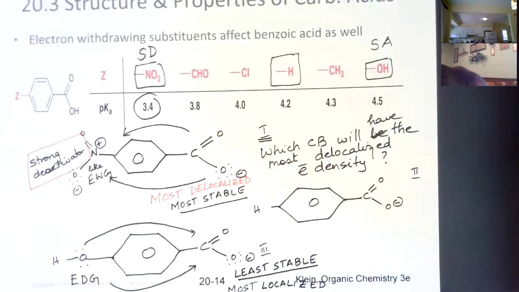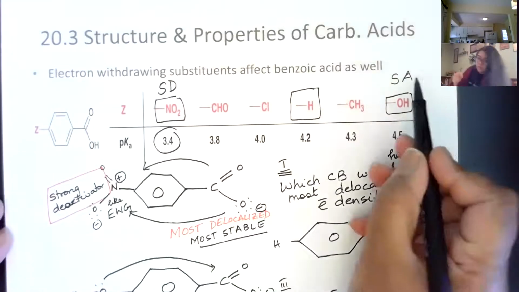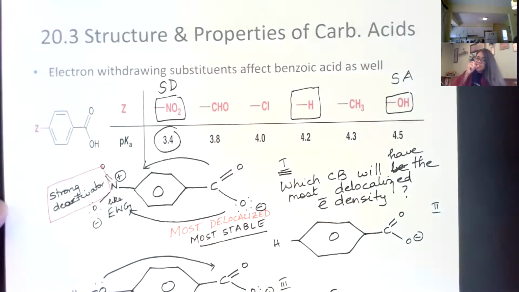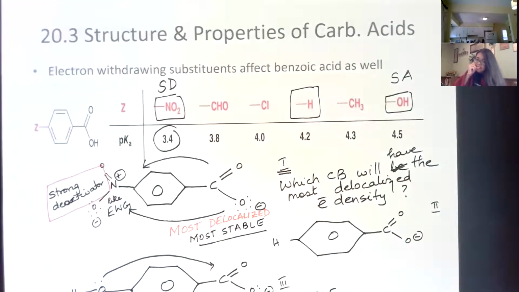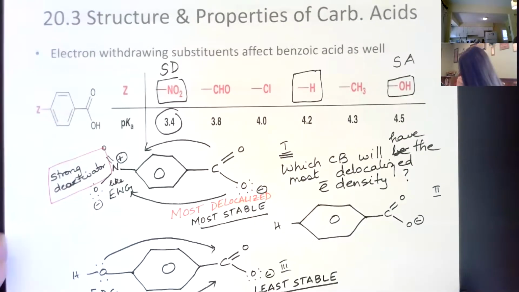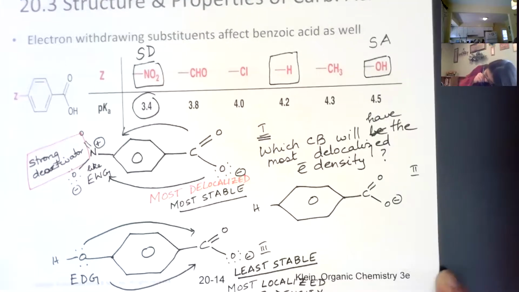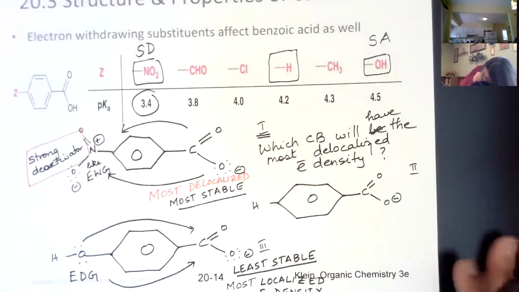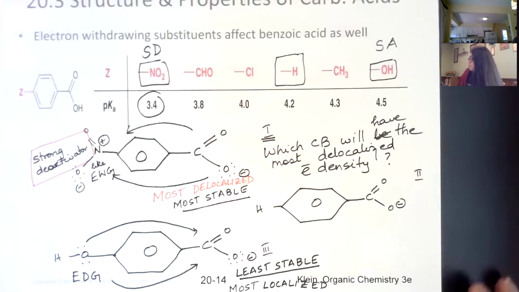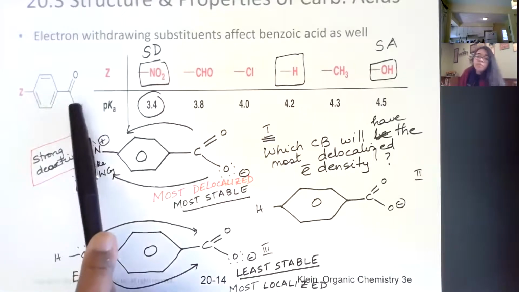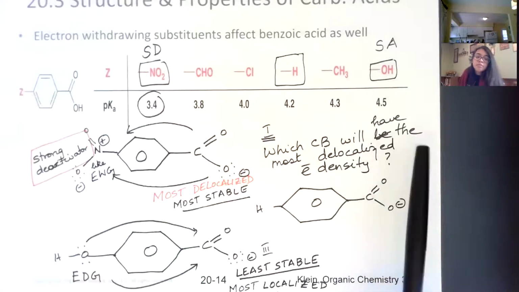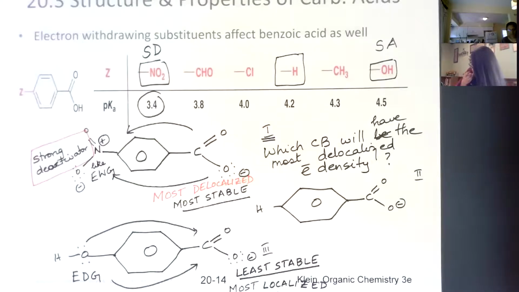But for acidity, it is in this direction. The more electron withdrawing or more powerful substituents will increase acidity of the benzoic acid. All right. Now, when we get to the amines chapter, instead of this, we'll have an NH2 group, and then we'll look at similar trends. Okay.